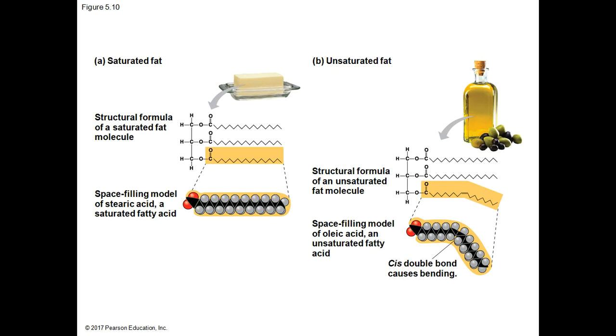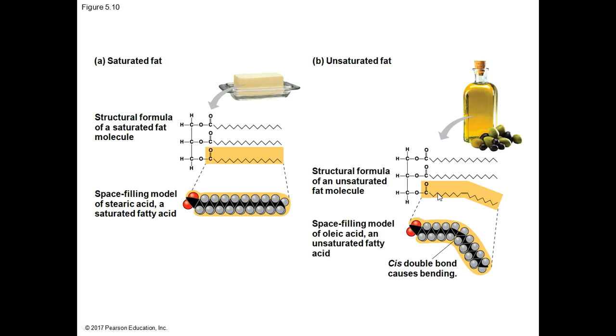Therefore all the fatty acid chains are straight and can get compacted tightly together, so saturated fats tend to be solid at room temperature. On the other hand, unsaturated fats or oils tend to be liquid at room temperature.